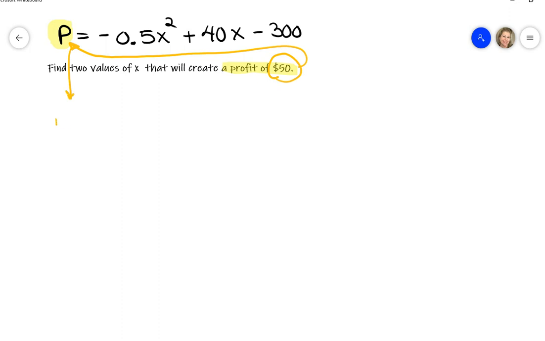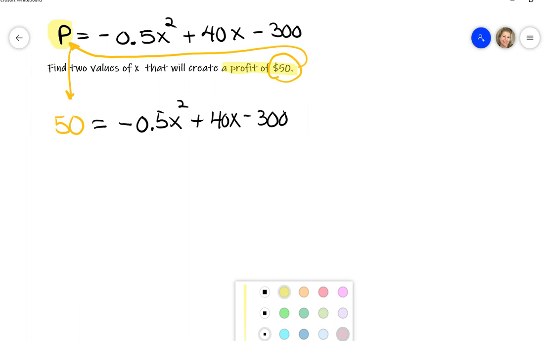So this is going to become 50 equals negative 0.5x squared plus 40x minus 300. Now, this is a quadratic equation, and the reason I know it is a quadratic equation is because I have an x squared in my equation, or my highest exponent is an x squared.